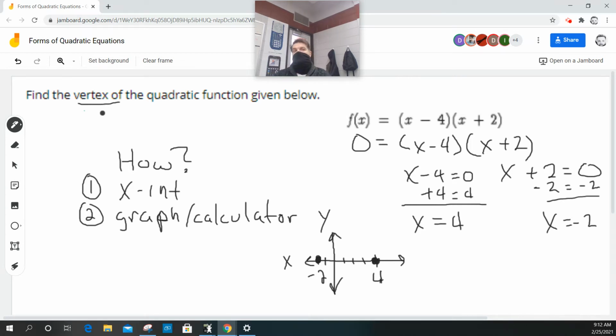I'll give you a clue. Where is the line of symmetry between these 2 points? Where should it be? It should be in the middle, right? You think it's positive 2? Well, let's count.